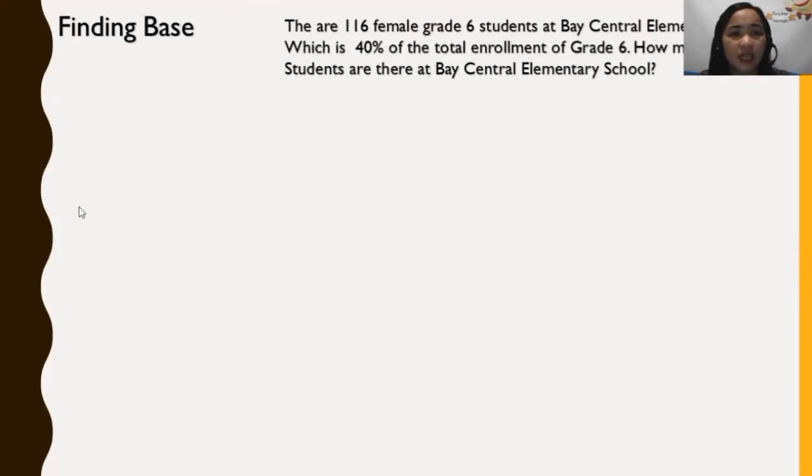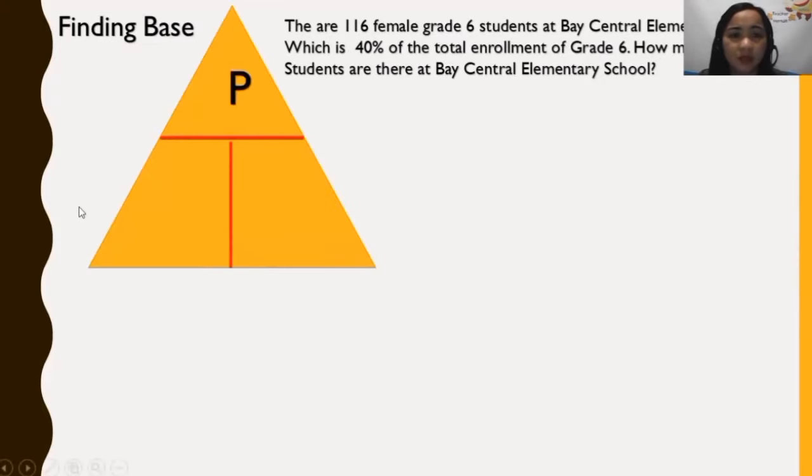Why is it the base we are looking for? Because what is asked in this problem is how many grade 6 pupils are there in all at Bay Central Elementary School? And our given here is 116 female, the girls, only a part of the whole. That is 40% of the total enrollment, 40% of the whole. So we are looking for the total number of grade 6 students here.